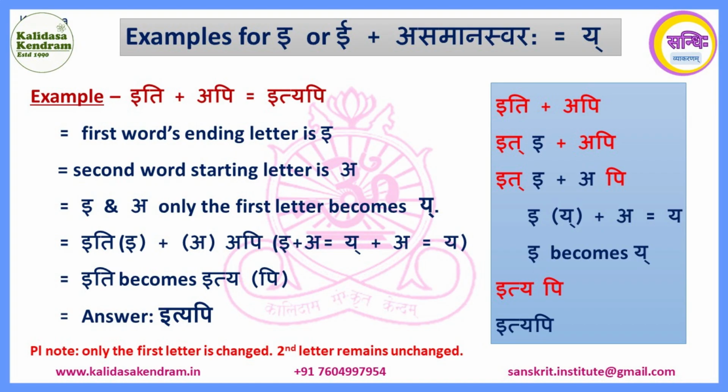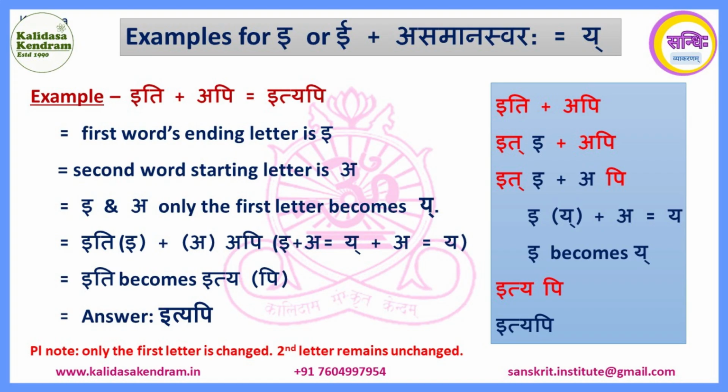A remains. Please understand. What we have seen in previous 3 Sandhis, both the letters join and form another one. Now, in this Sandhi, in all 4 rules, the first letter will get converted to another alphabet. The second letter will not change.